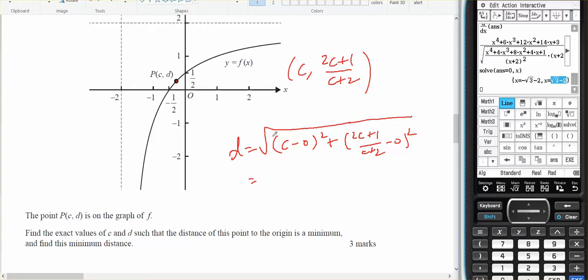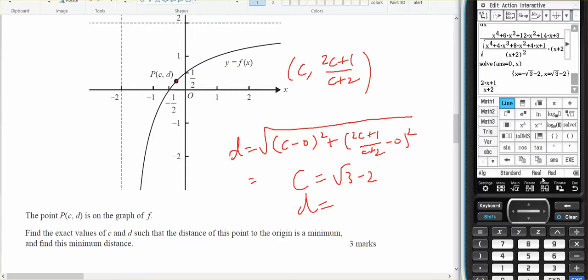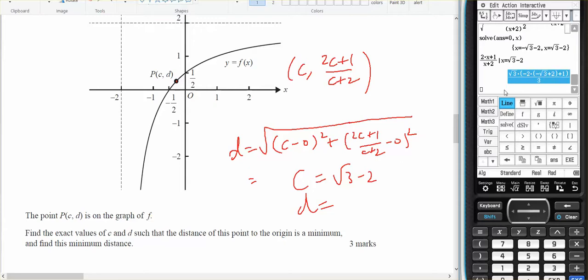So C equals root 3 minus 2, therefore D equals, if I go back up here to the expression for the hyperbola and place that there, given x equals this, gives me the D value, and if I simplify the answer, 2 minus root 3.